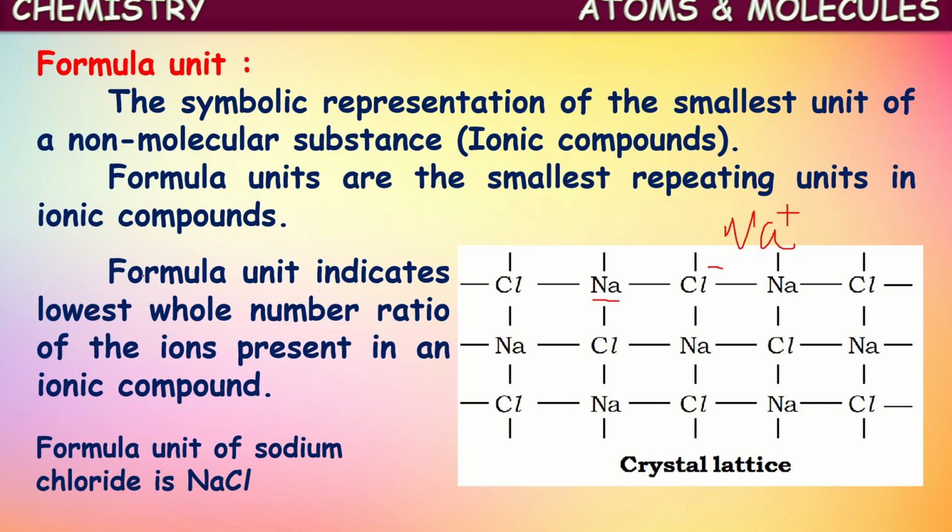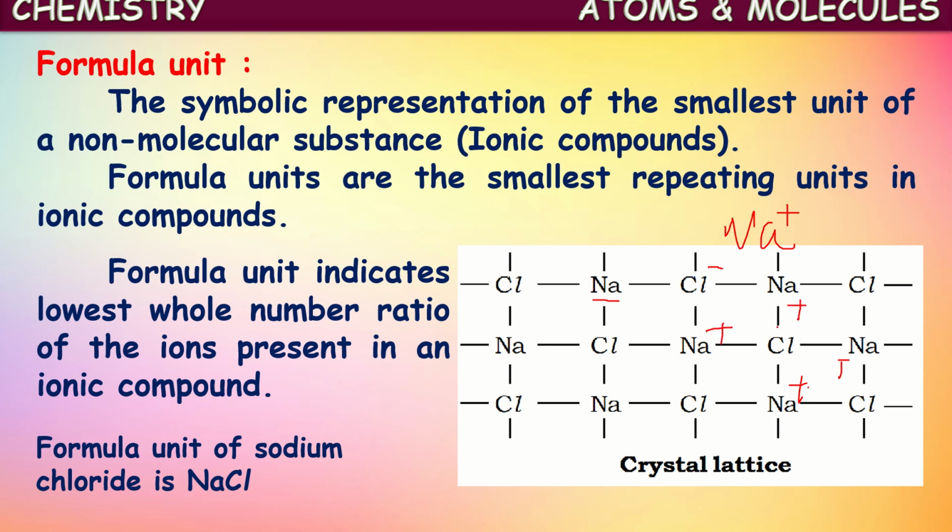So see this lattice structure. In this, sodium from all the directions is attracting the negative charged chlorine atoms. Chlorine atom from all the directions is attracting the positive charged sodium atoms. So here positive charged sodium, here positive charged sodium, here positive charged sodium.